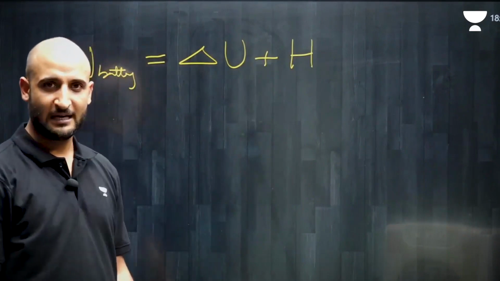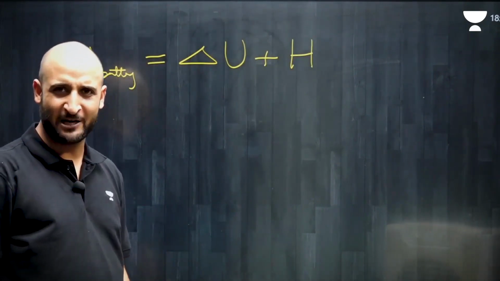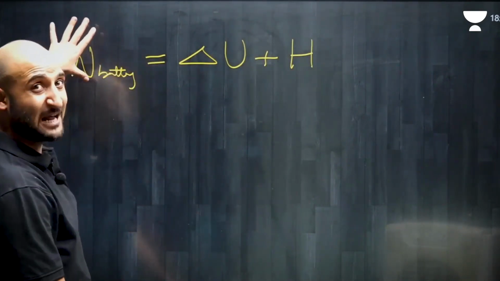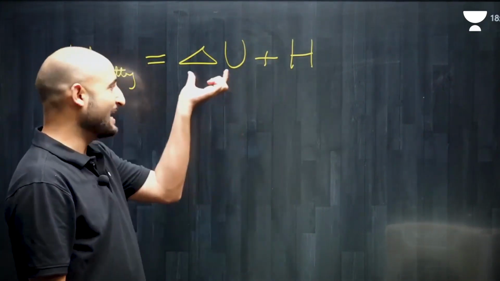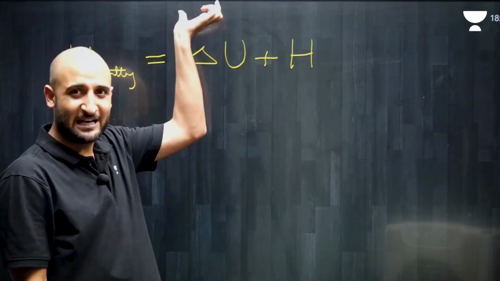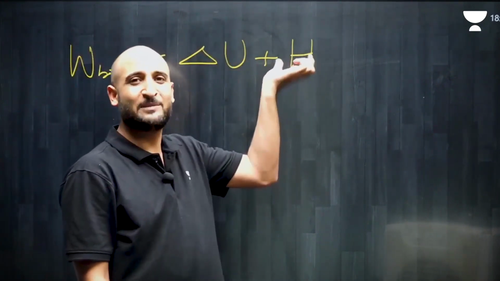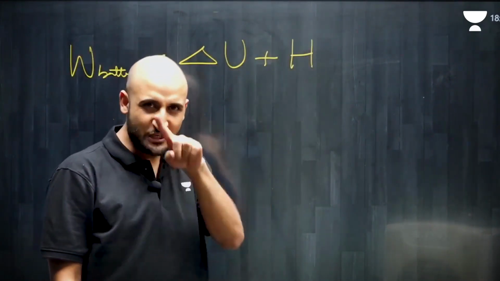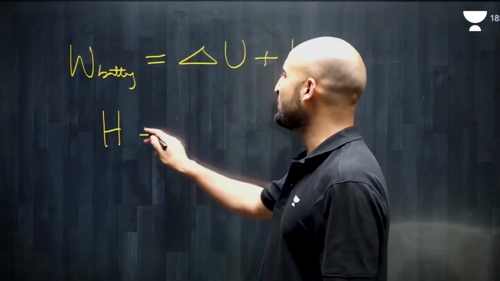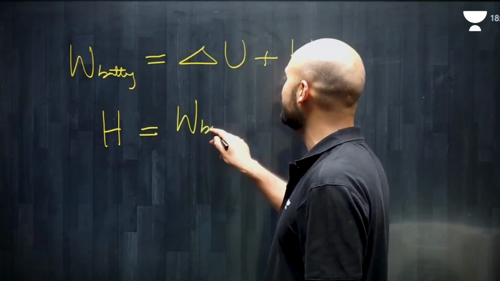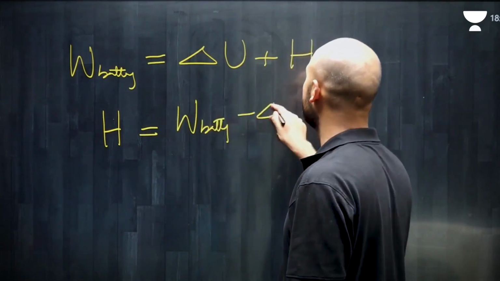Remember, this is simply conservation of energy. Two, a part of the energy goes into heat. Which means that heat dissipated will be equal to work done by the battery minus delta U.